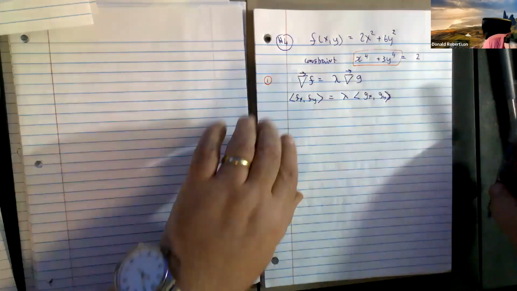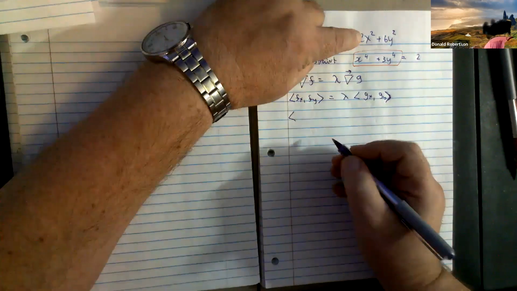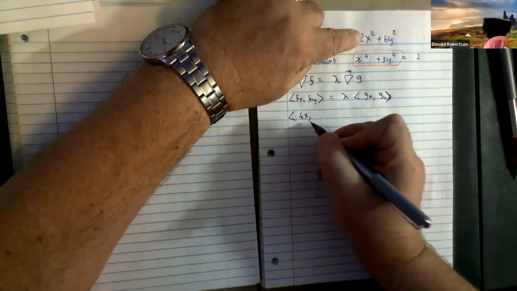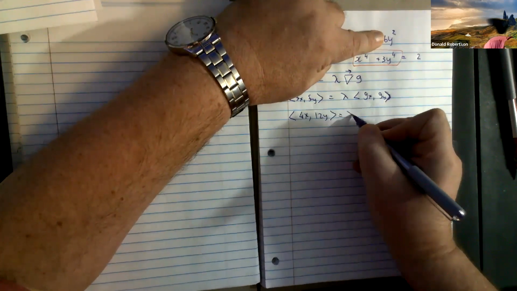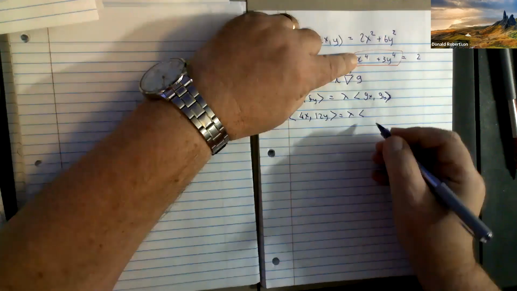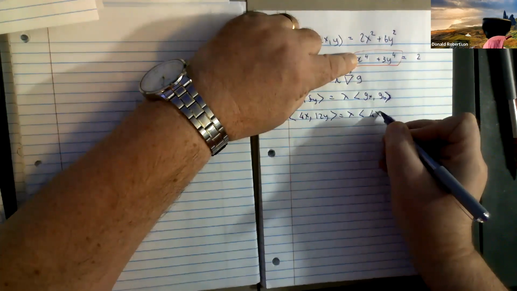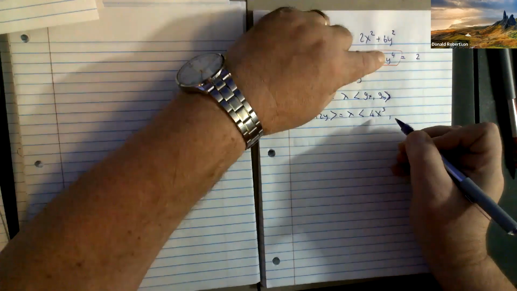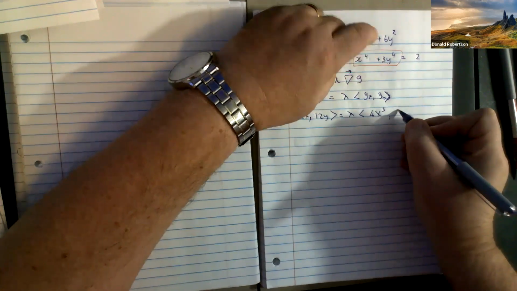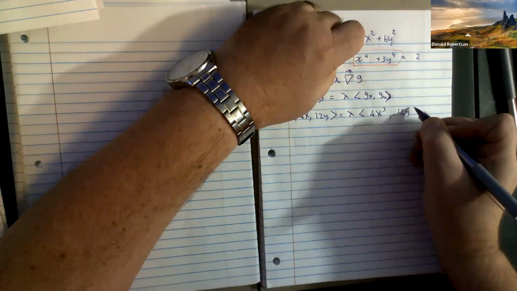So differentiate with respect to x, you get 4x. Differentiate this with respect to y, you get 12y. Lambda. Differentiate this with respect to x, you get 4x cubed. Differentiate this with respect to y, and you get 12y cubed.